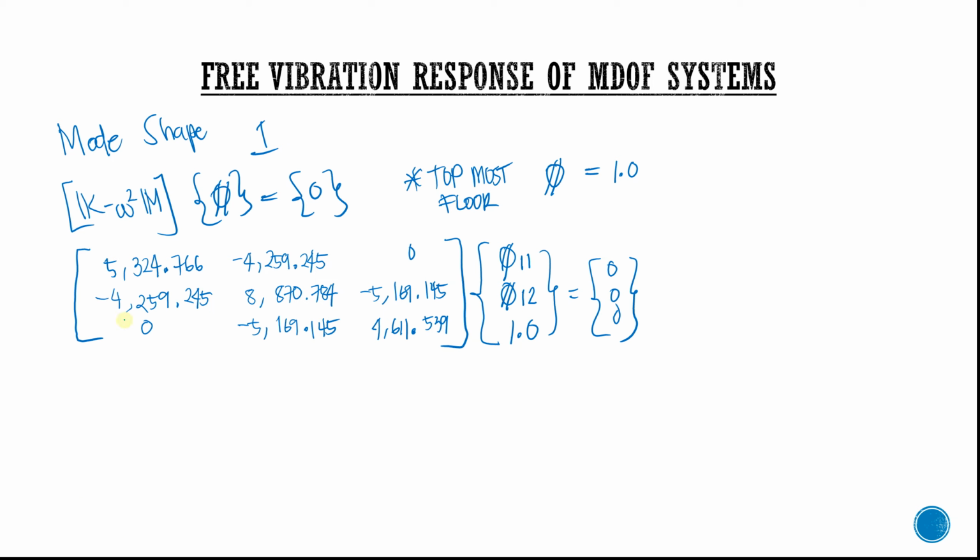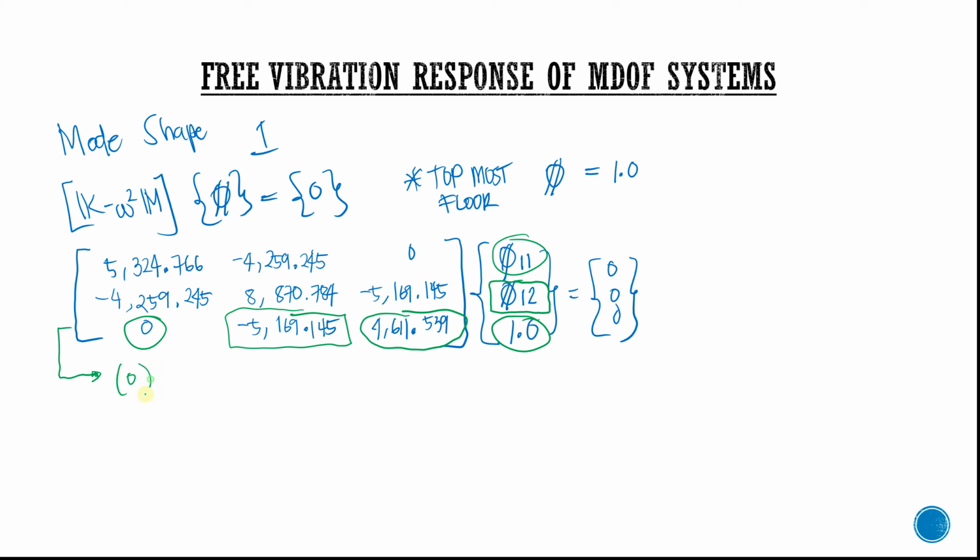Now let's start with the least number of unknowns. So we're going to use the third row to calculate the mode shape. How are we going to calculate this? For the third row, we multiply the first row of that vector by this part, and then this part here by that part, and then this here by the third row.